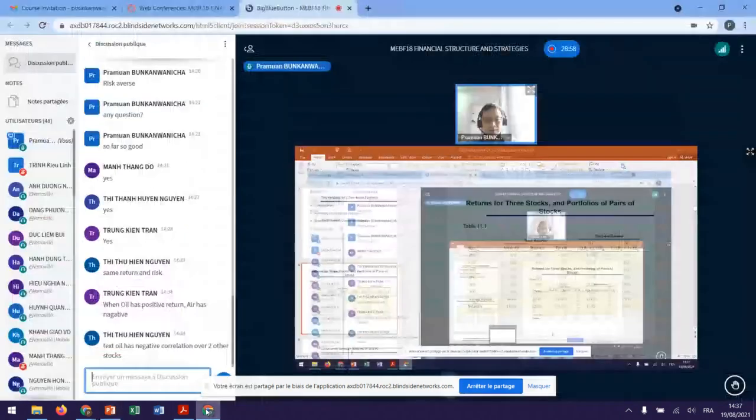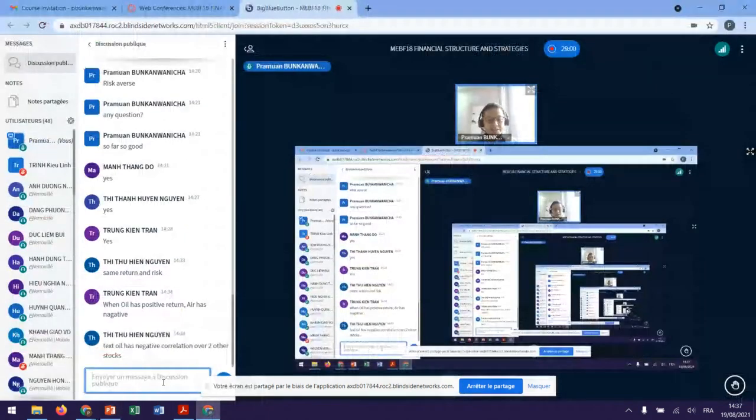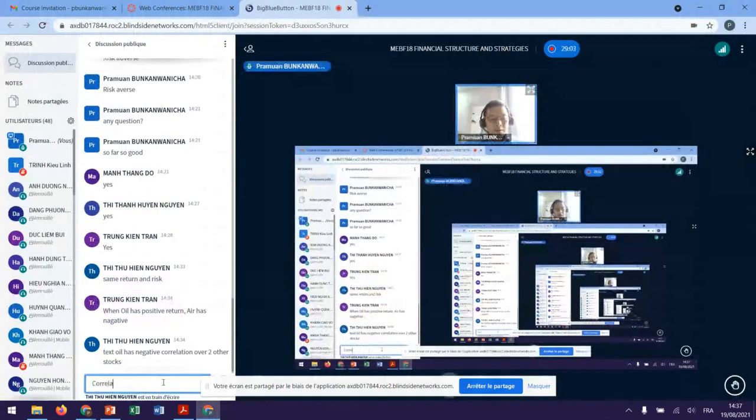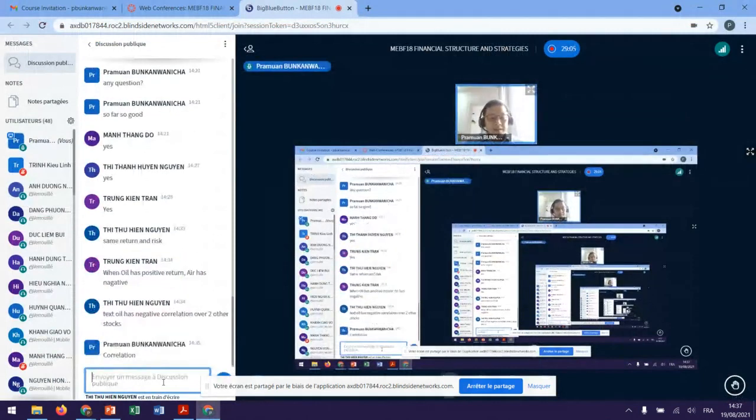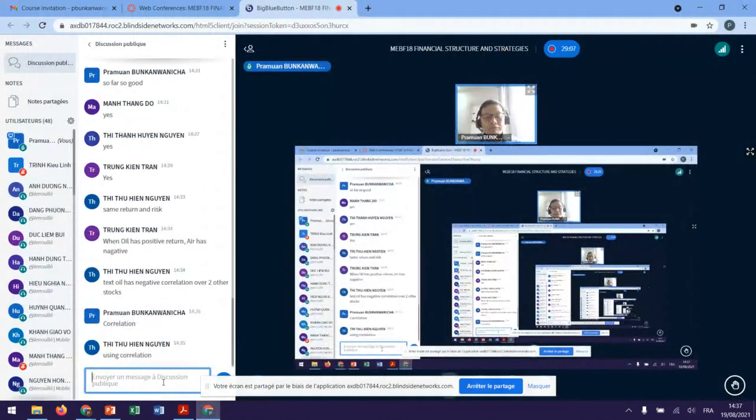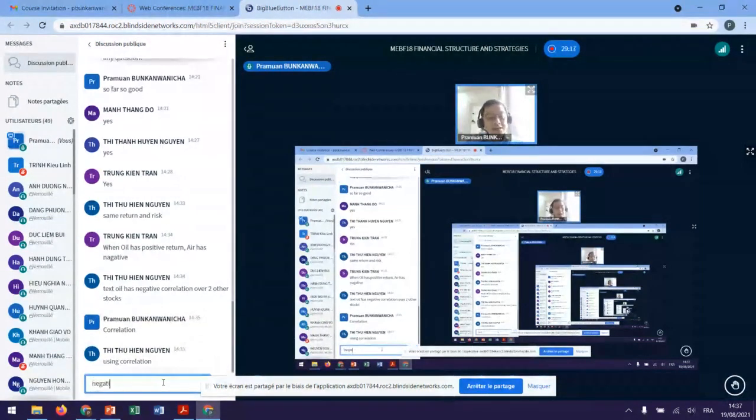In statistics, we call it correlation. And the correlations between Tex Oil and the other two airline companies are quite negative. They are negative correlation.